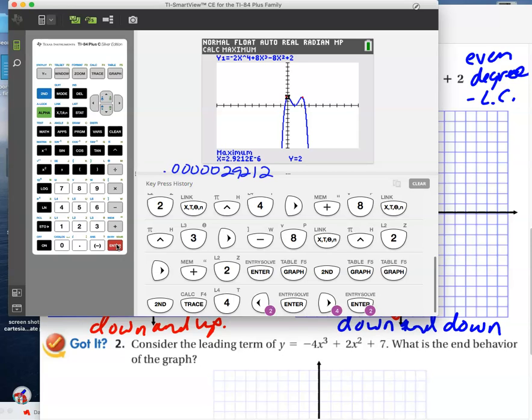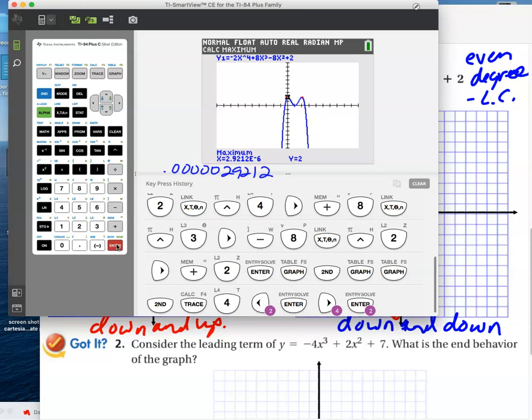That's 0 to us. That will round to 0. This is actually the calculator kind of apologizing and saying, I couldn't get you perfectly 0, but it's really close. And yes, that's 0 for us. Even if we're going to 3 decimal places, that's going to be 0. So 0, 2 was our local max.